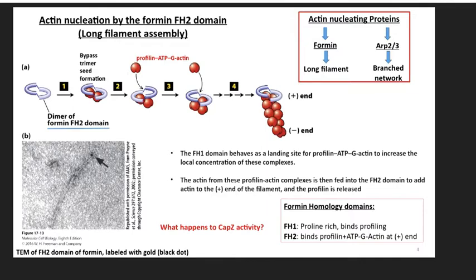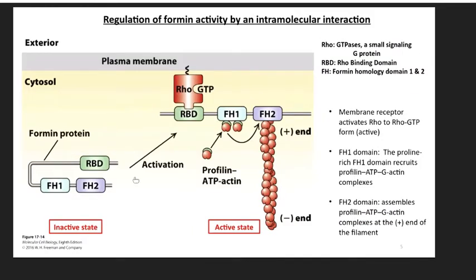Here we discussed the inactive state, that means the bent or folded state, where RBD is bound near the FH1 FH2 domain. When this comes in contact with activated Rho protein, which is the Rho-GTP version, this opens up and the FH1 domain recruits the profilin-G-actin and then transfers them to the FH2 domain.